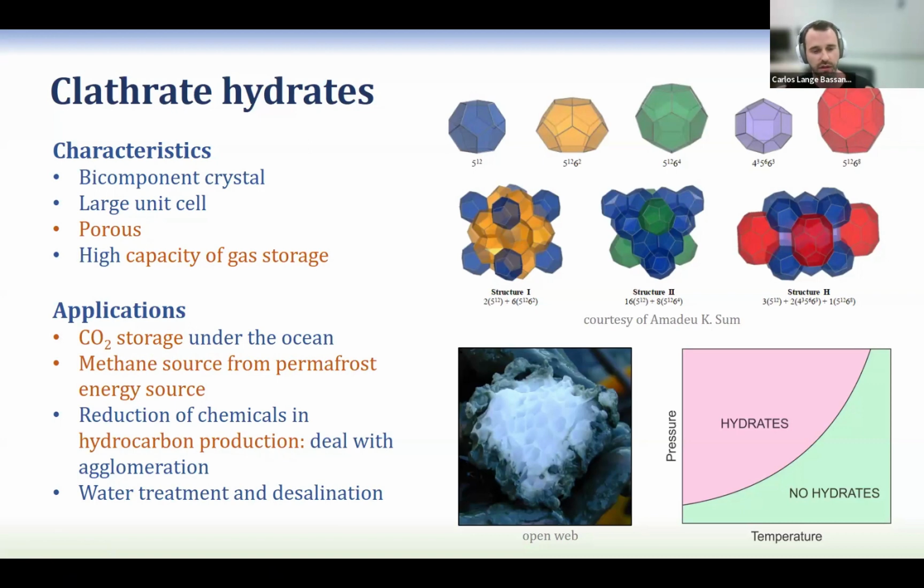But if we let hydrates form and deal with the agglomeration, we can produce hydrocarbons with clathrate hydrates and still reduce chemicals. So in all this oil and gas industry, we are also looking towards producing oil and gas in a more efficient way, reducing the chemicals, right? Also looking at this greener production.